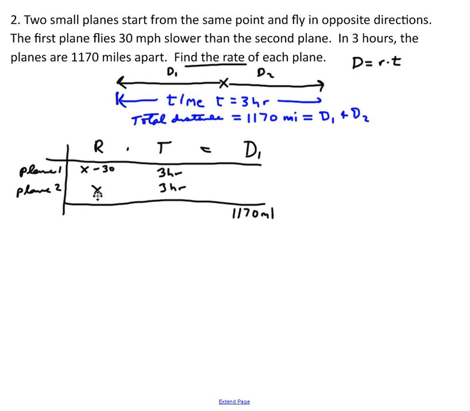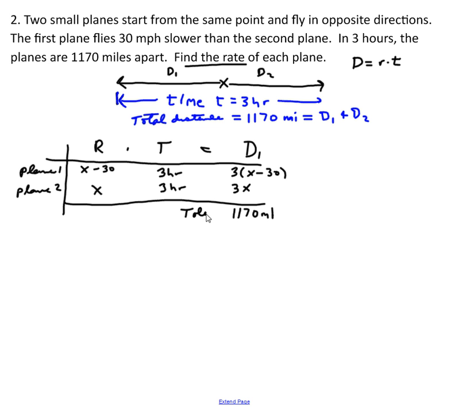If x miles per hour is how fast plane 2 is going, then x minus 30 miles per hour is how fast plane 1 is going. Well, this is a perfectly good formula because now we can simply multiply 3, the amount of time in hours, times x minus 30 miles per hour to get the distance that plane 1 flies, and 3 times x miles as the amount that plane 2 flies. And we know that added together, we're going to get our total, right?